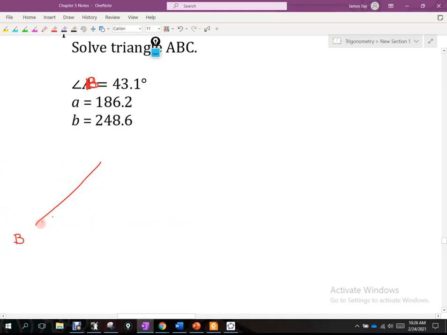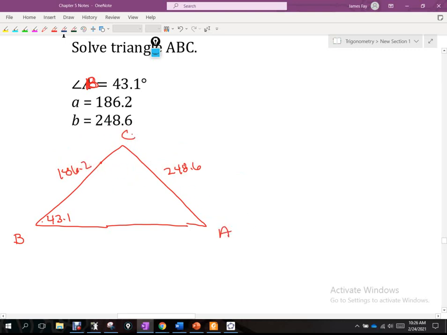So we want this to be 43.1, and then this here would be 248.6, and I want this to be 186.2. There's A and there's C. It doesn't matter how you draw it.